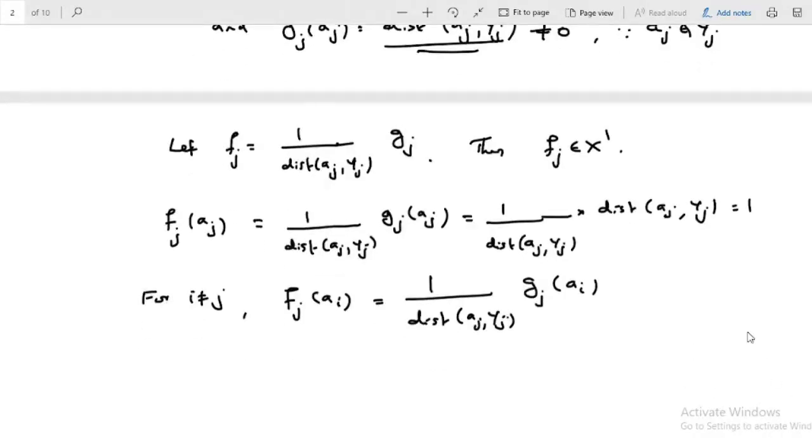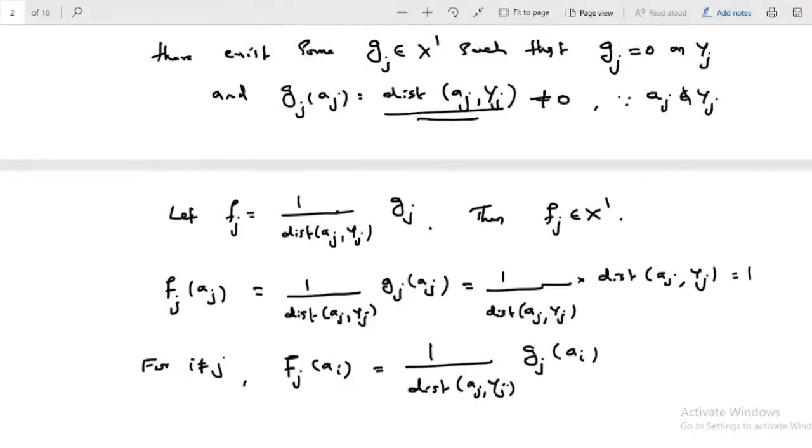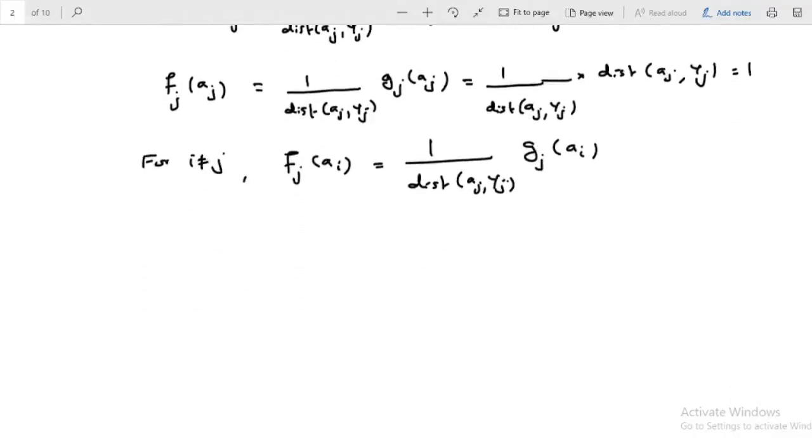What is gj of ai? gj of ai is the distance between ai and yj. Since ai belongs to yj, because only aj is missing from yj, the distance is 0.